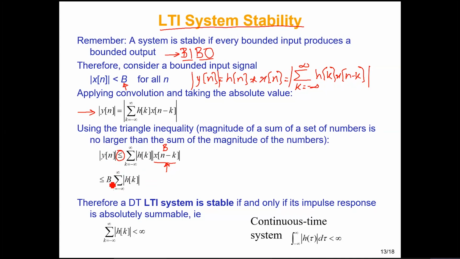And B being constant, we can take it outside the summation. So we end up getting that the magnitude of y of n will always be less than or equal to this product right here.